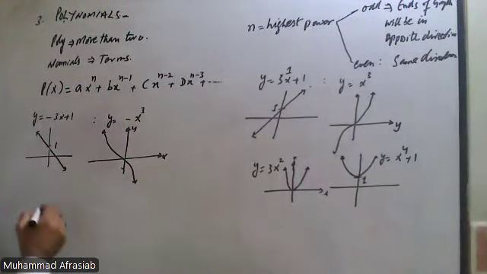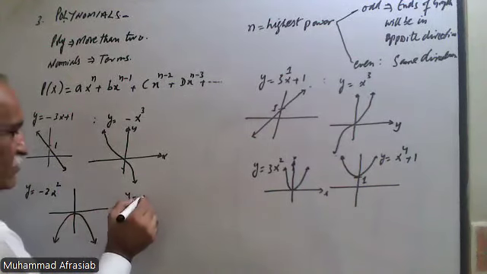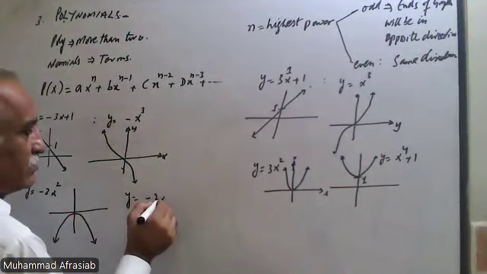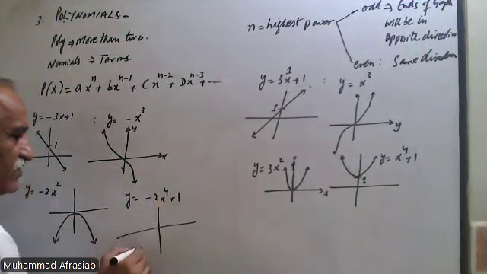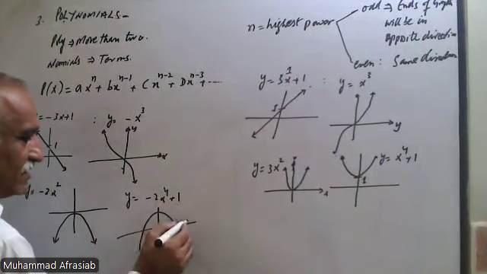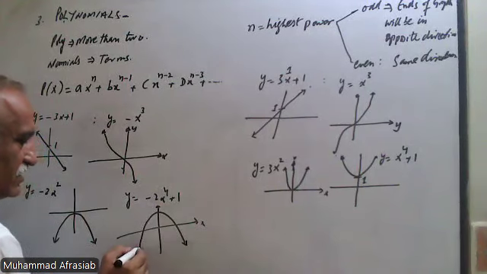Y equal to minus 2x^2. Then the nature of this graph is that both ends are downward. Or y is equal to minus 2x^4 plus 1. Then the graph of this would be like this, and both ends are downward.